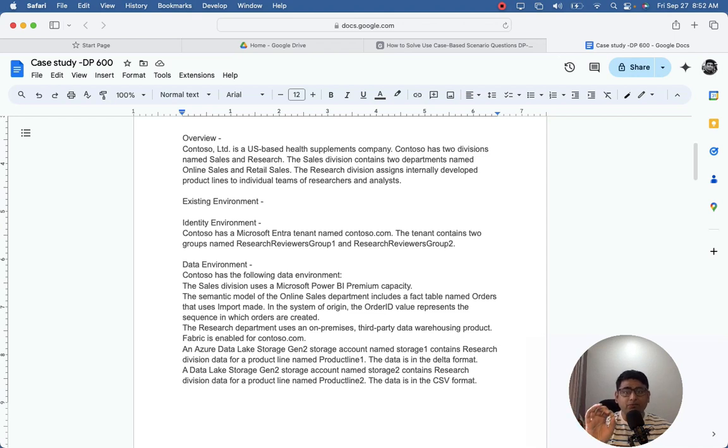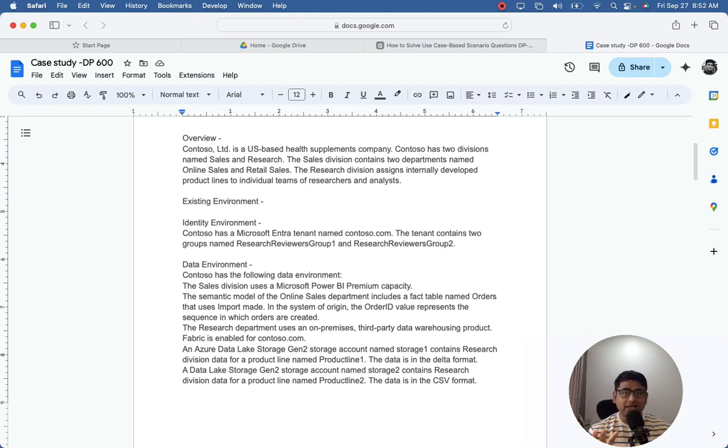Now from here you will slowly start getting what the scenario is. For example, it has two divisions, sales and research. The sales division contains two departments, online sale and retail sale. Now you have some idea about what we are trying to do.